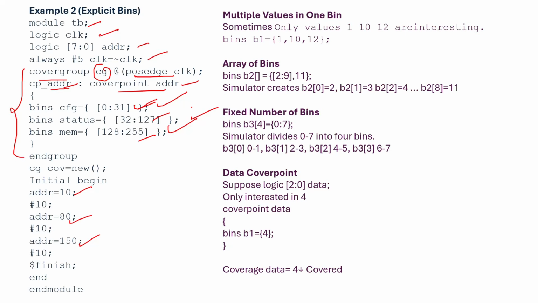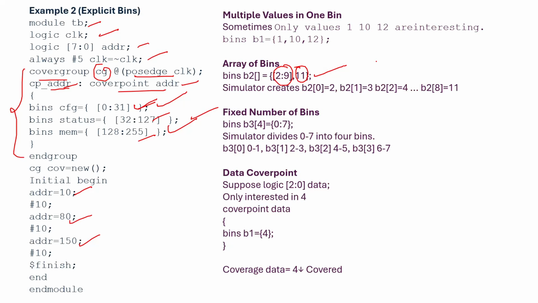So this was explicit bins. Now implicit bins: here I am writing a range, and the simulator creates the bins. How many bins are created here? This is one bin and this is another bin, so two bins are created.